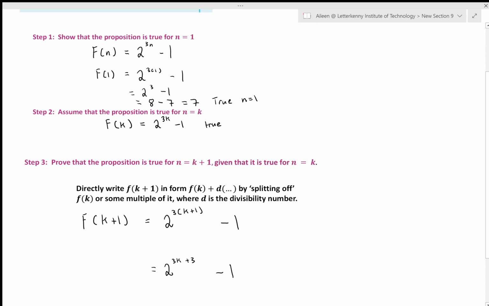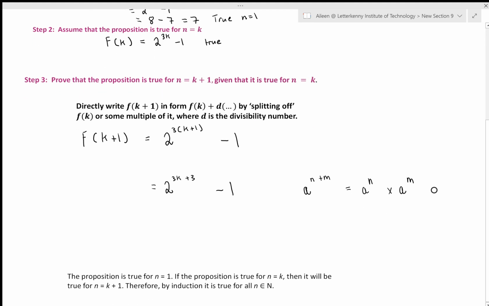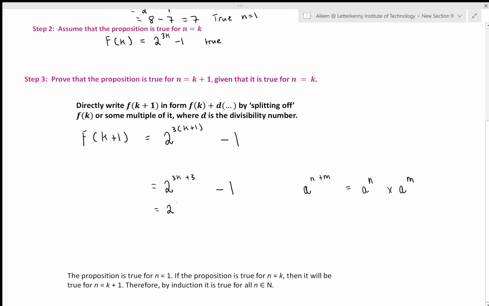And using our exponent rules, a to the power of n plus m can be written as a to the power of n times that same base to the power of your second exponent, which means that this can be written as 2 to the power of 3k times 2 to the power of 3 minus 1. Simplifying this, we get 2 to the power of 3k times 8 minus 1, which gives us 8 times 2 to the power of 3k minus 1.